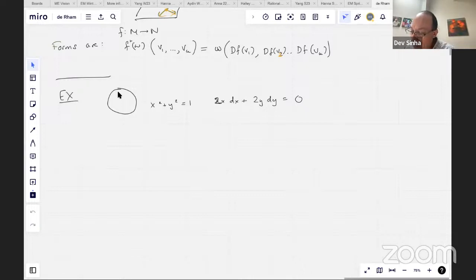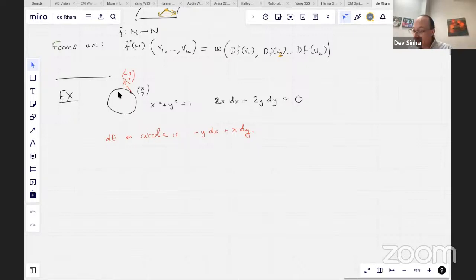If I'm at my point (x, y), then the tangent vector is going to be (minus y, x), and then the form is dotting with the tangent vector, and so that means that our d theta on the circle is minus y dx plus x dy. We've talked about d theta before, and if you looked at that formula and you just realize that on the circle x squared plus y squared is 1, this agrees.